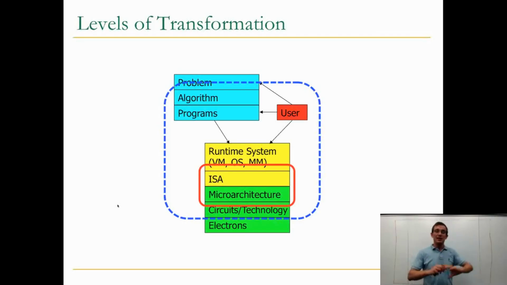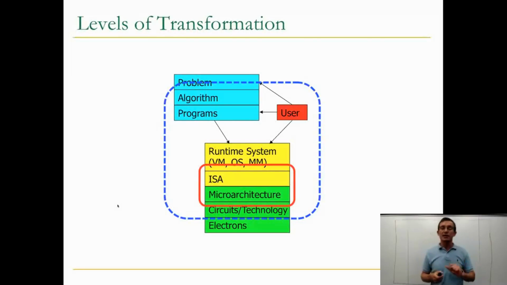But basically, the takeaway is that even though computer architecture is traditionally constrained to that red box over there, we would like to take a very broad approach. I would like you to think of the ways in which the upper layers of the levels of transformation affect computer architecture and get affected by the computer architecture, as well as how the lower layers affect computer architecture and get affected by the computer architecture as well. Okay, we'll get back to that a lot.